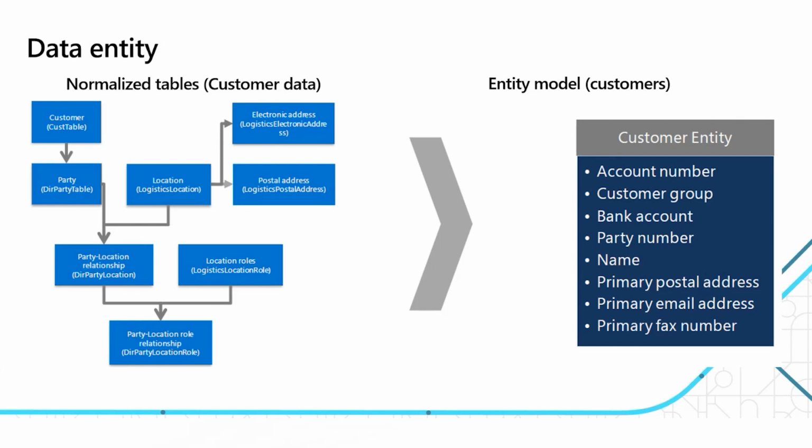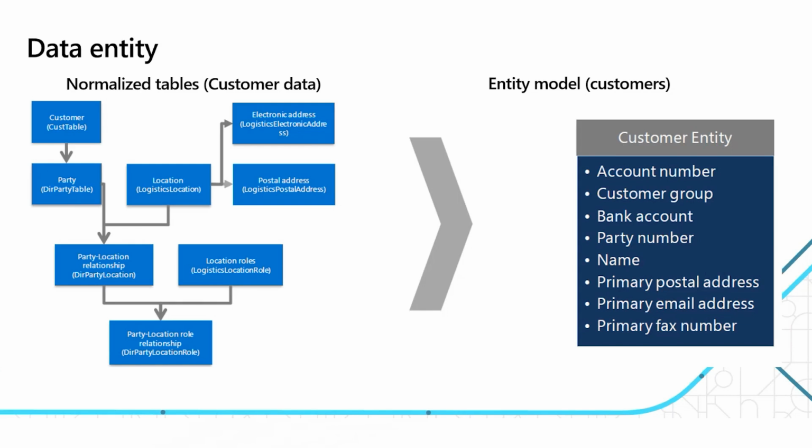Whereas whenever you're representing your data for import, export, or any other integrations, you are exposing this data in the form of data entities. Data entities are encapsulations of these underlying tables. These are aggregated into these entities. For example, you can find entities for customer, wherein the users will only be able to see the relevant information.